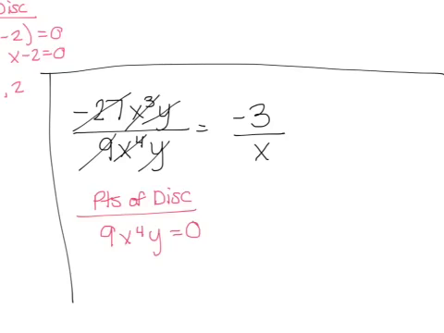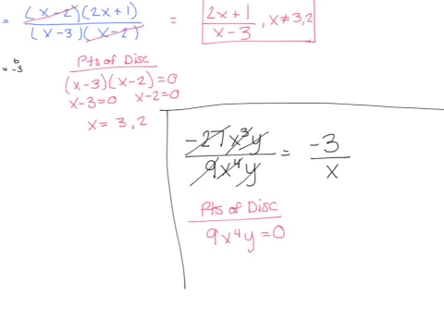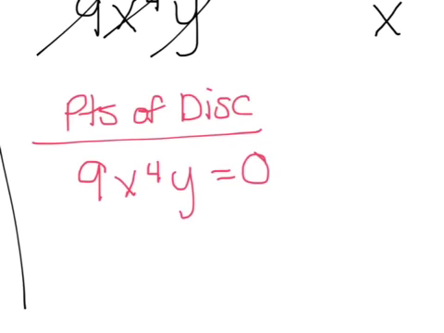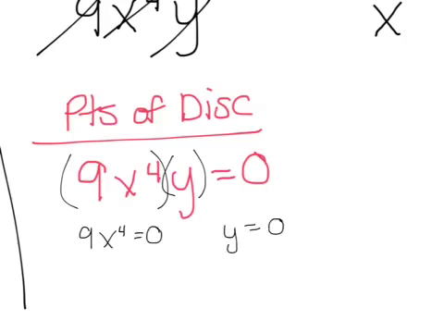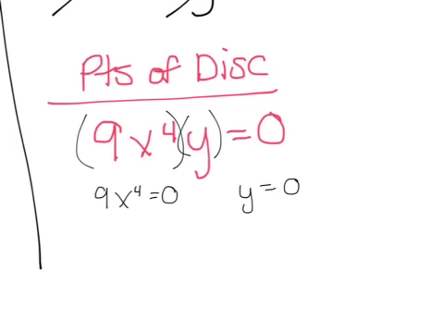Okay, so remember what we did was we set each factor equal to 0. Well, we actually have factors down here, all right? So this is a factor, and that's a factor. So we'll say 9x to the 4th equals 0, and y equals 0. Y equals 0, well, that's simplified. But the 9x to the 4th we need to simplify.